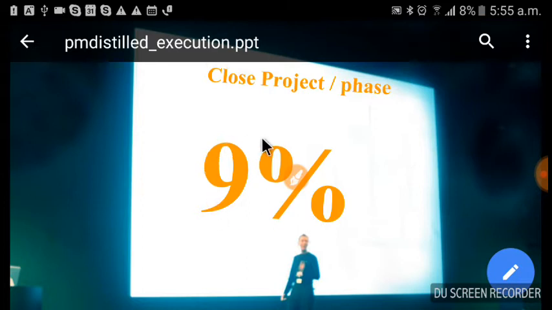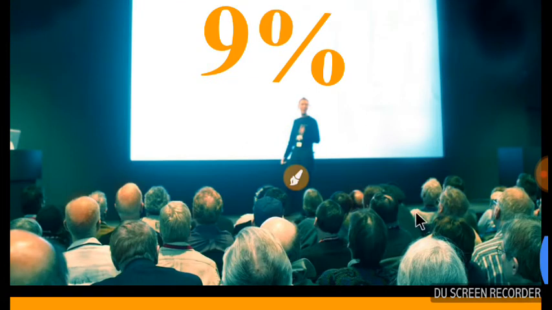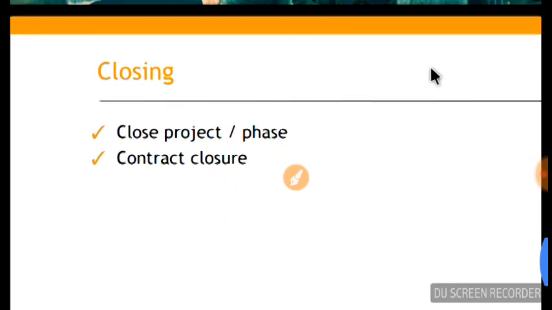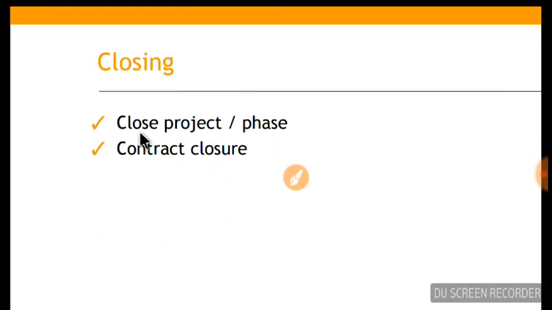Around 9% of the questions will come from this. This process group has just two processes. One is close project or phase. That means at the end of every phase, which includes the last phase of the project as well, there should be a formal closure and a formal handover and takeover to the next stakeholder.